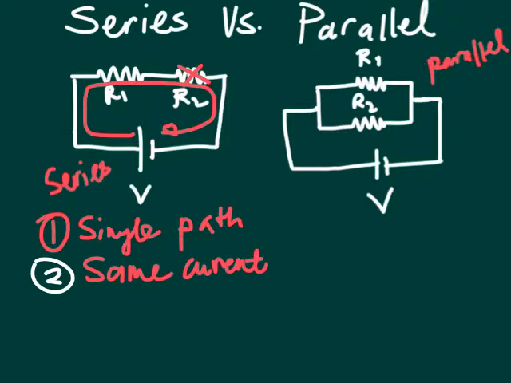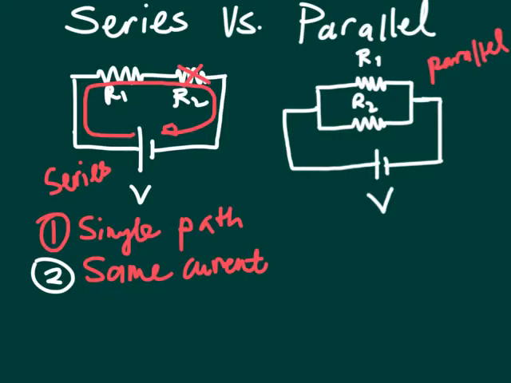Now let's look at the parallel circuit. Again, in terms of the conducting path, starting from the positive terminal of the battery, going round in the circuit, at this point we have two options: to go through the upper branch or through the lower branch and then back to the negative terminal.